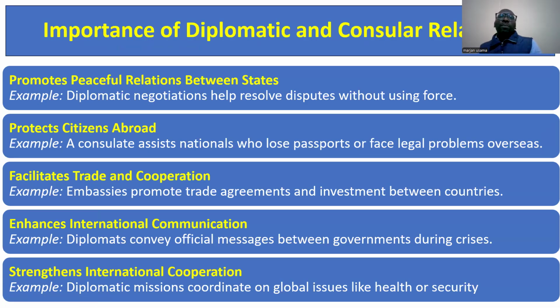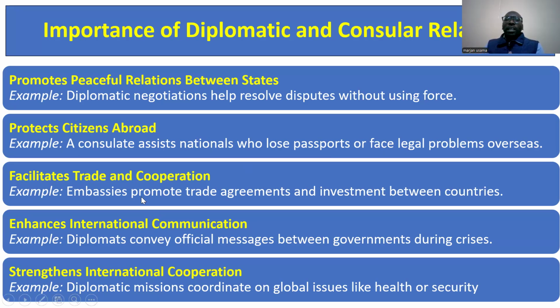Now, what is the importance of diplomatic and consular relationships? It promotes peaceful relationships between states. If there is any dispute, the ambassadors of the countries can talk together and resolve it in a diplomatic way. It protects citizens abroad. If you are a Somali in Ethiopia, there is an ambassador there. If you have any problem, like losing your passport, the embassy can help you. It facilitates trade and cooperation.